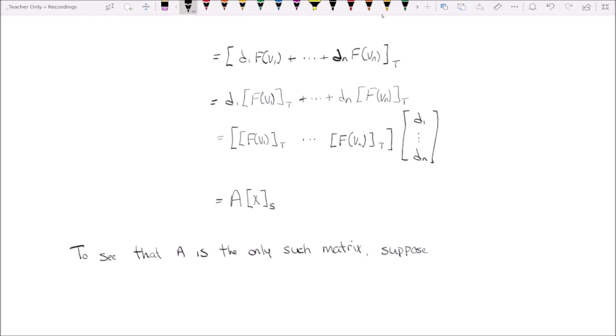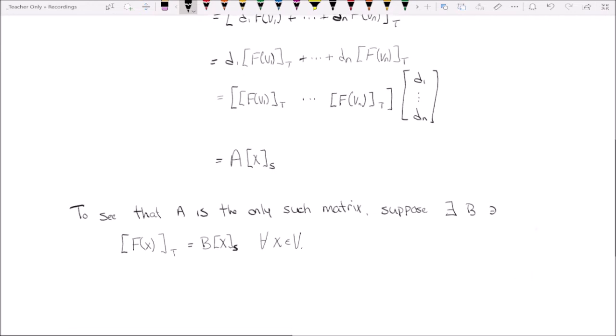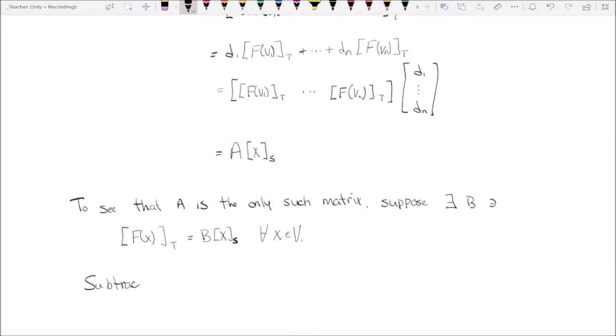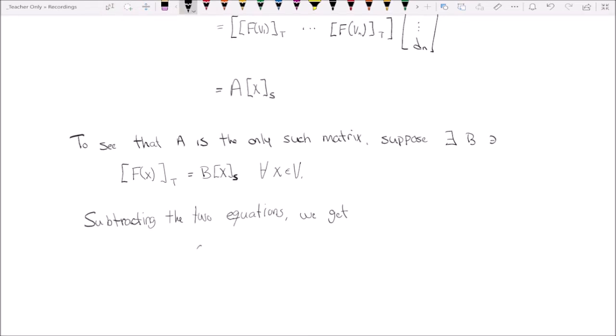So let's suppose there exists another matrix B such that the coordinate vector of f of x with respect to T is equal to B times the coordinate vector of x with respect to S for all x in V. If we go ahead and subtract these two equations, what we get is 0 is equal to A minus B times the coordinate vector of x with respect to S.